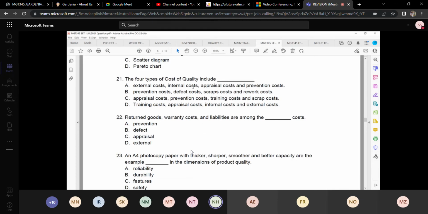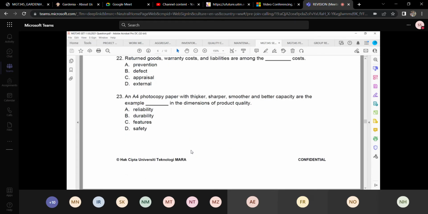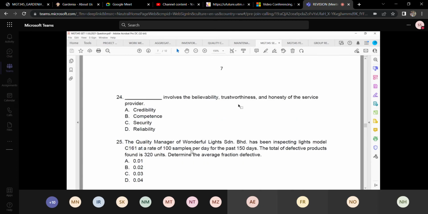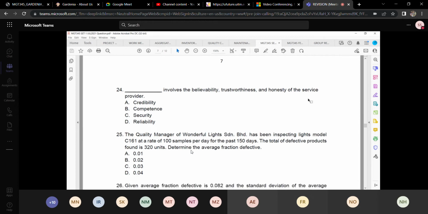Okay, this one is cost of quality. What is the types of cost? Appraisal cost ke, external cost ke, prevention cost ke, defect cost ke? Dimension or the determinants of the product quality. This one also determinants or dimensions for the service quality.